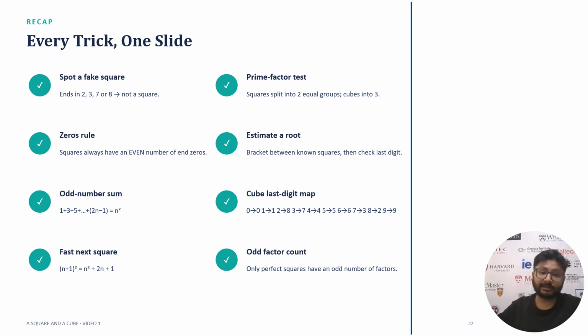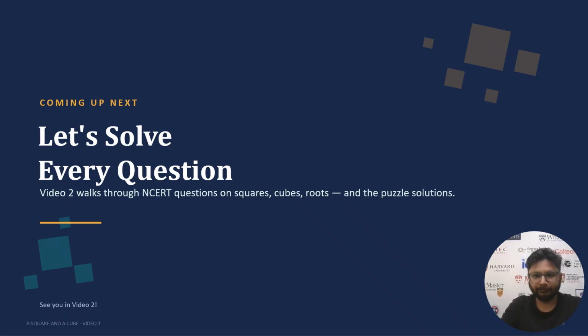We were able to estimate the cube root and the square root. Then for cubes, we mapped the last digits of a cube with the original number. And finally, odd factor count. These were the things that we were able to discuss, and I think we discussed almost everything which is there in this particular chapter.